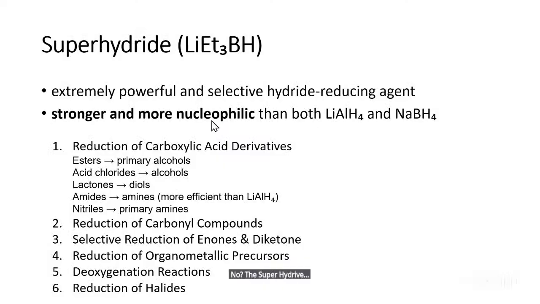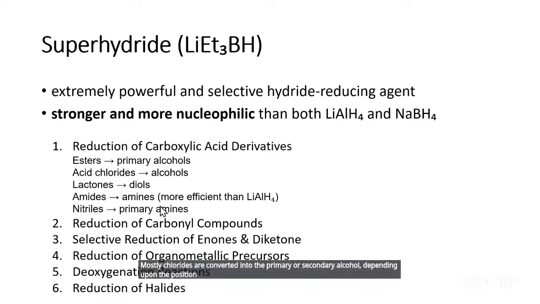Now, the superhydrides are very powerful and selective reducing reagents. Wide applications are studied by using the superhydride. Generally observed is the reduction of carboxylic acid derivatives. The ester is converted to primary alcohol, acid halides, mostly chlorides, are converted into primary or secondary alcohol depending upon the position of halides.